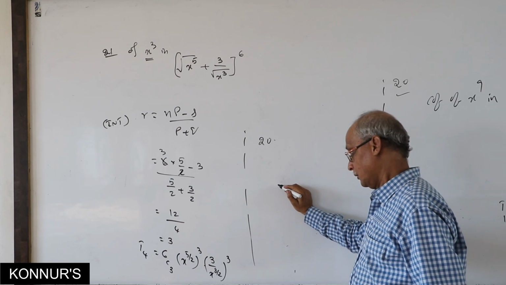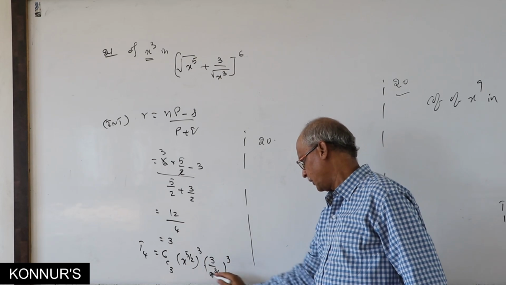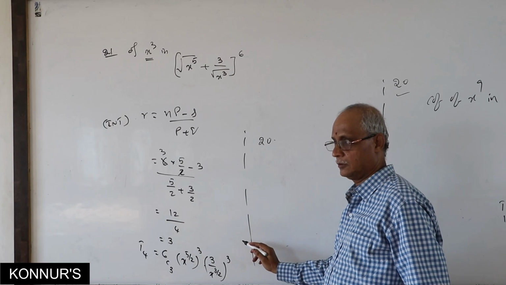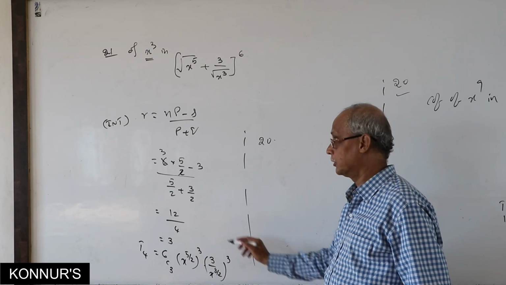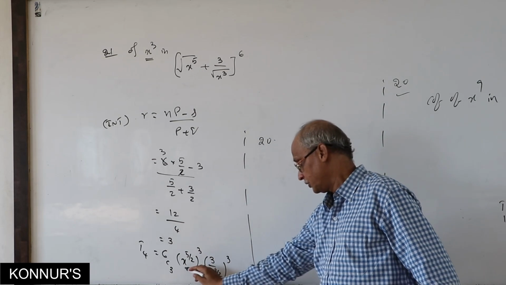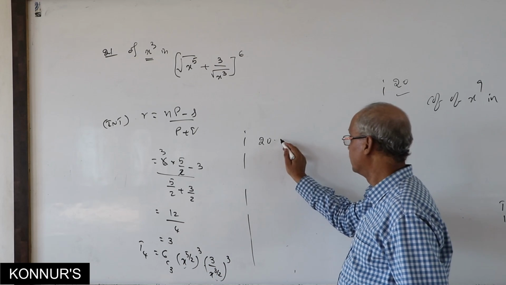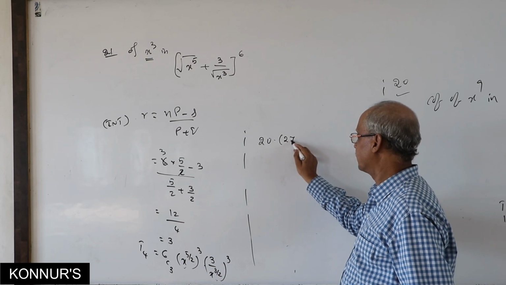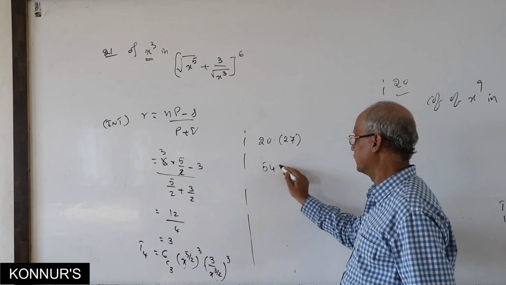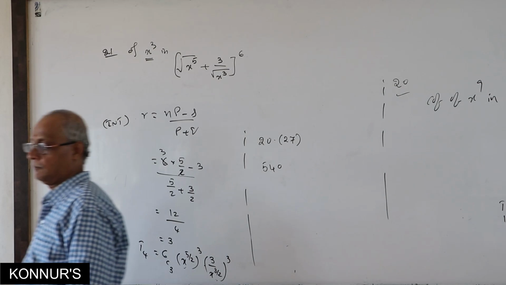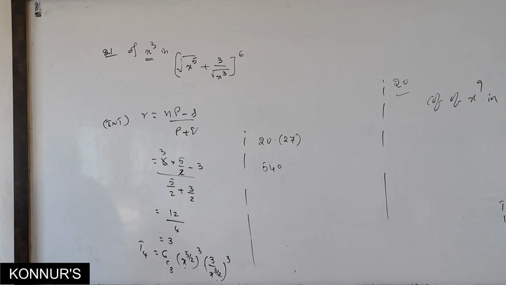X power 15 by 2 minus 9 by 2, 15 minus 9 is 6, 6 by 2 is 3. That is the x cube. This is not a problem. Here 3 cube is 27. What is the answer? 540. Fourth option. That is our final answer.